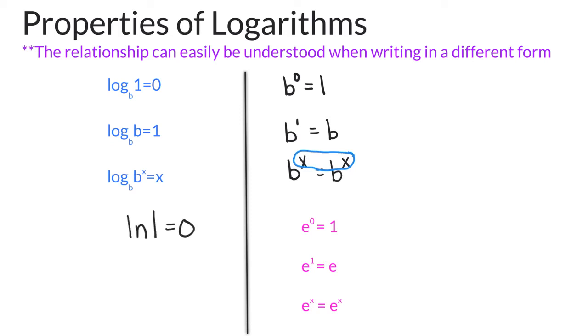Now the second exponential form says e to the first power equals e. If we transfer that into natural logarithm form, it's going to be the natural log of e equals 1.